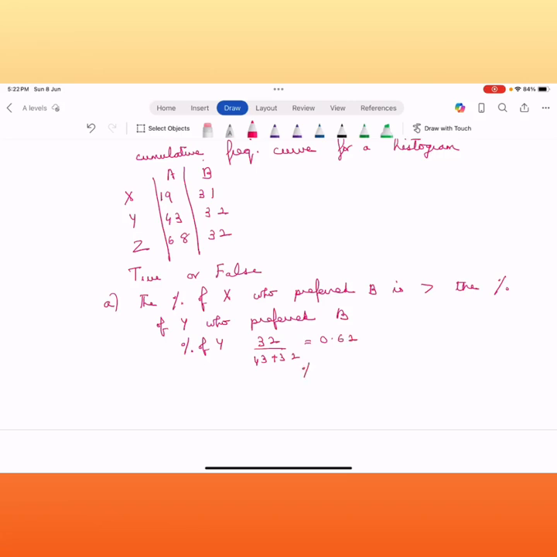And the percentage of X who preferred B will be 31 by 19 plus 31, and that would be 0.43.